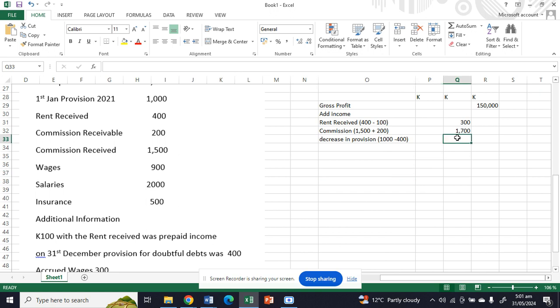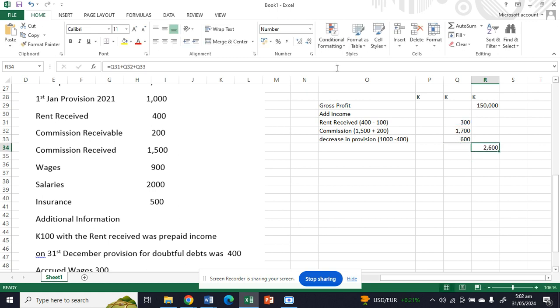That gives us 600. So we total up our income. We get 2,600.